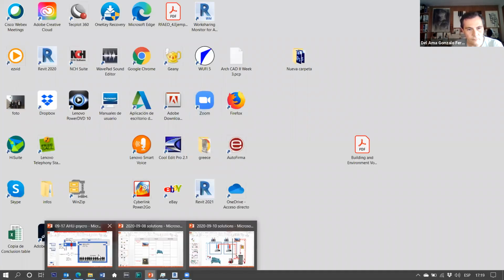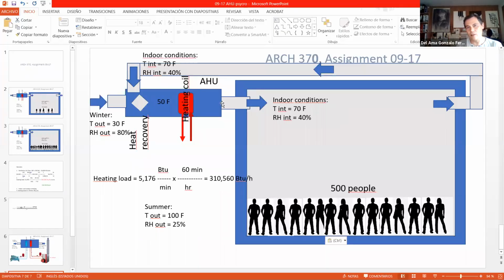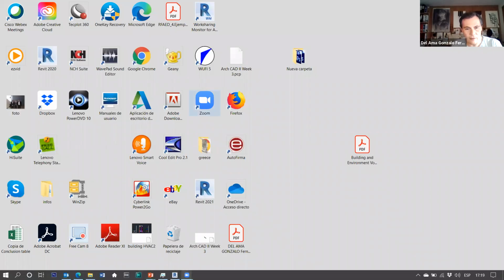So this is we are moving air from the air handling unit to the building. We are getting fresh air from outside, and we are recirculating the air here. So this is what we can find in Revit.